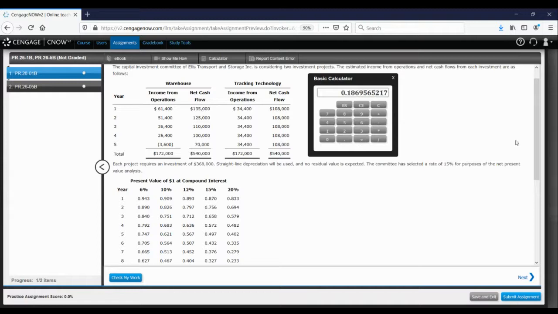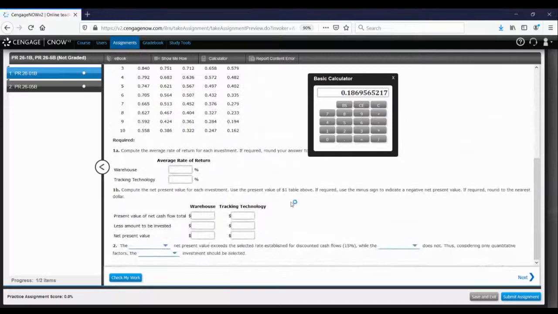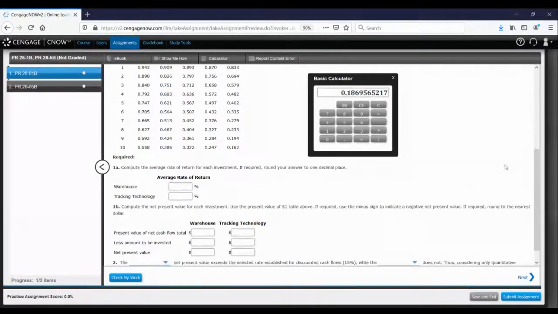And what that's going to give me is a decimal form of the percent that would be the average rate of return. Now, in your instructions, they tell you to round your answer to one decimal place.